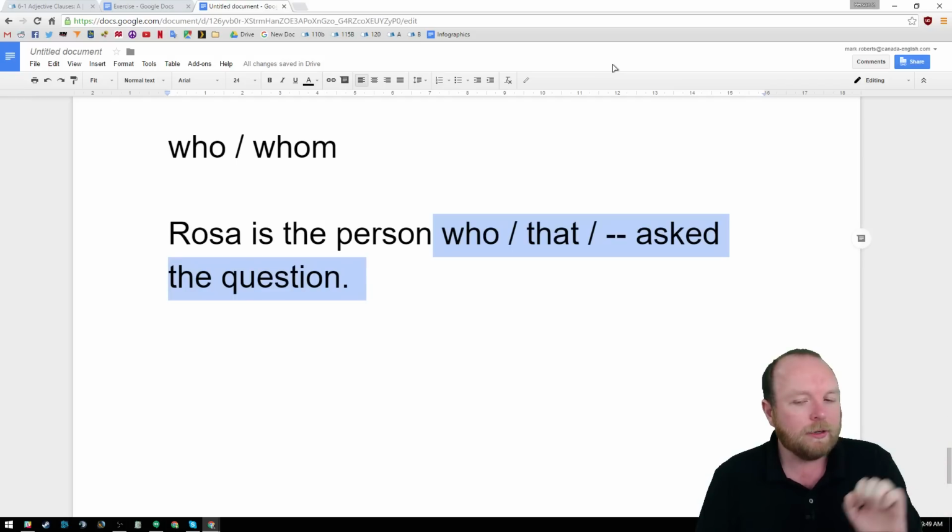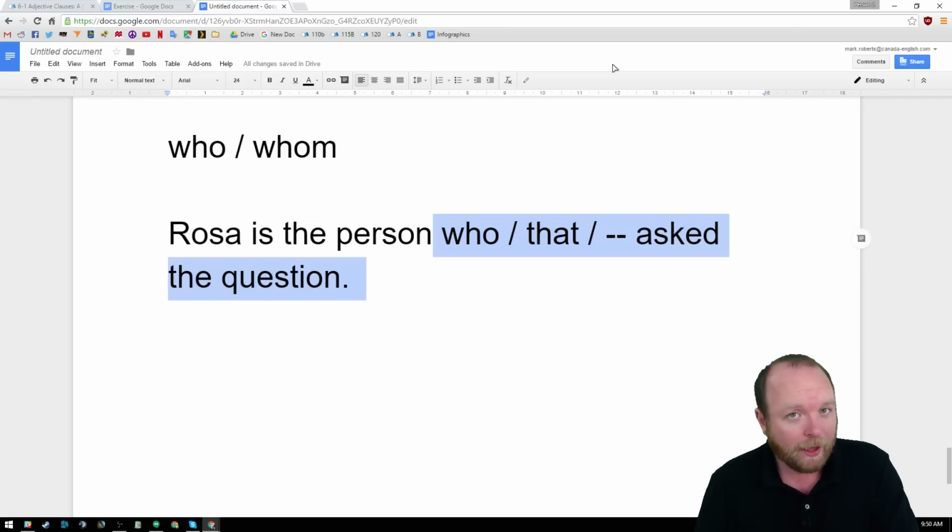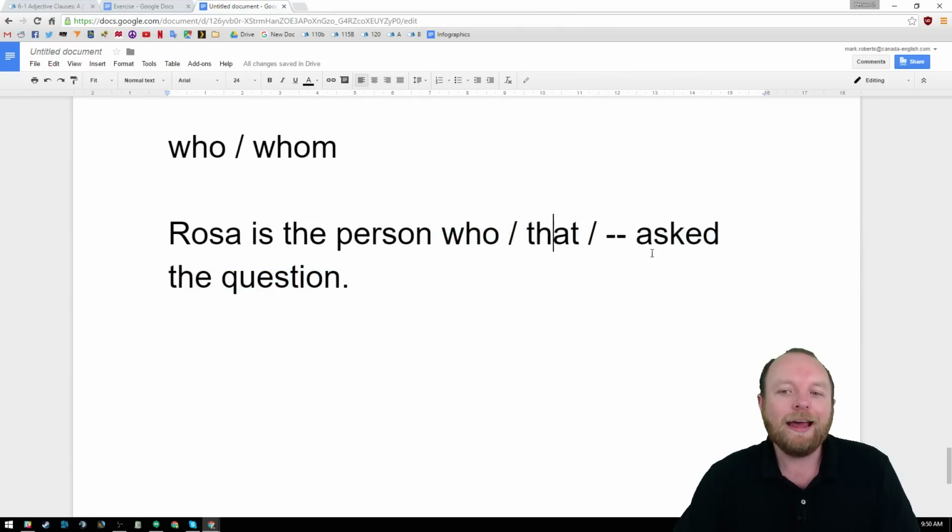Remember, we can say no relative pronoun if the pronoun is the object of the adjective clause. But if it's the subject of the adjective clause, you cannot say nothing. Here, who and that are the subject, right?